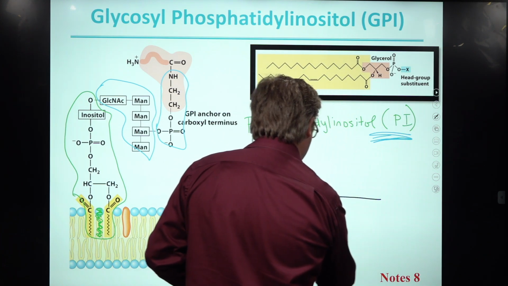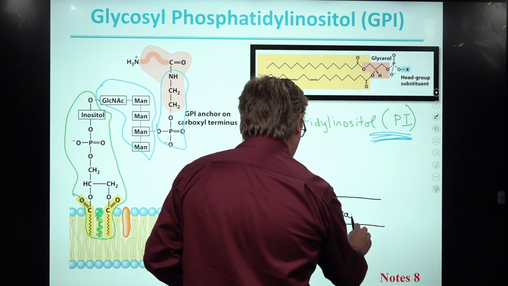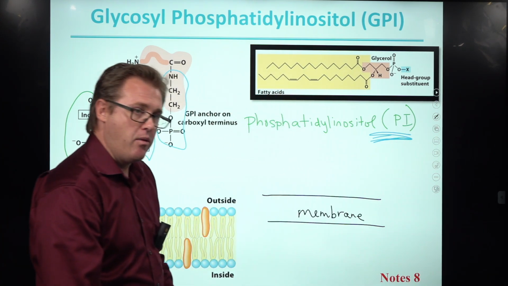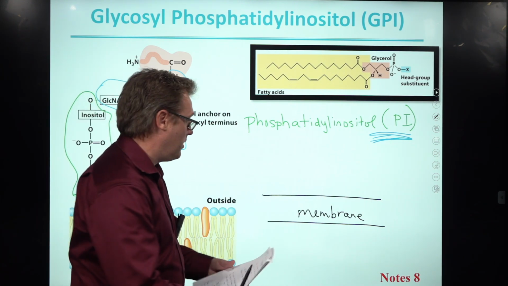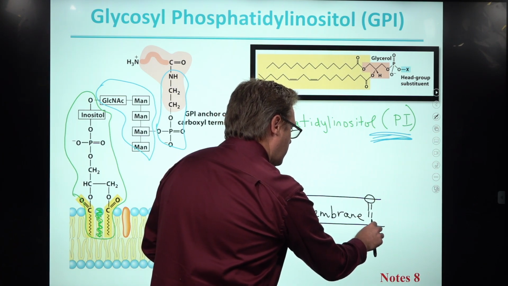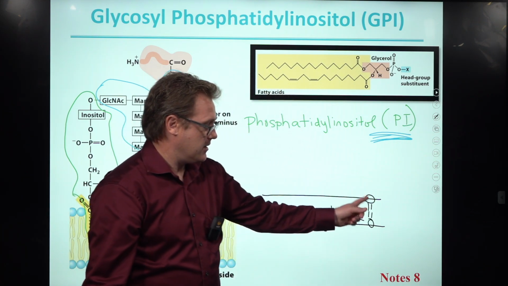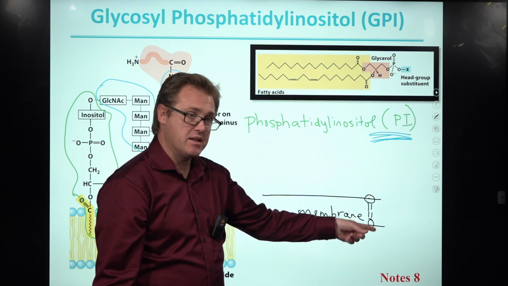Let's just draw ourselves a membrane. And we know that on the outside right here is the head group with the tail like that, right? That's what's going on. So we have a polar head group on both sides of that membrane.